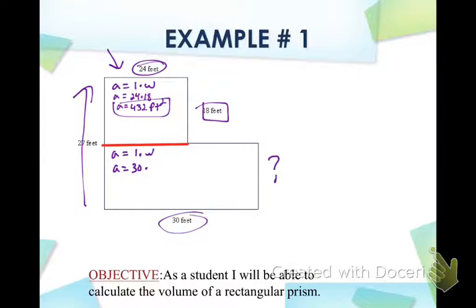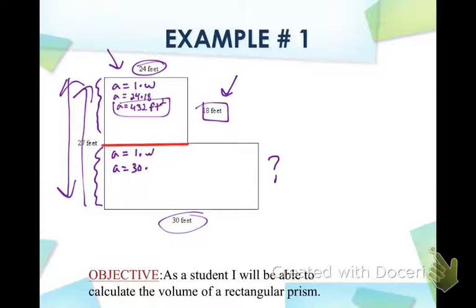We go back to that side on the left. We know that whole thing is 27 feet, but we don't need the whole thing. We only need this little part. So we're cutting away this part, which is 18 feet. How do we know that? The other side says it's 18 feet.